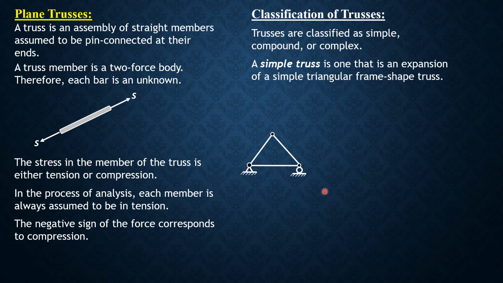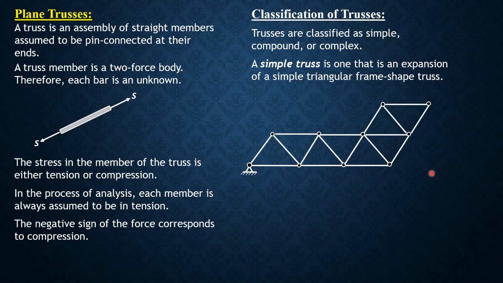If we extend this truss, all you have to do is add two members and introduce another joint, then two members and another joint, and so on until you end. Let's end here, then you put the supports to be stable and determinate, and this truss is still classified as simple.